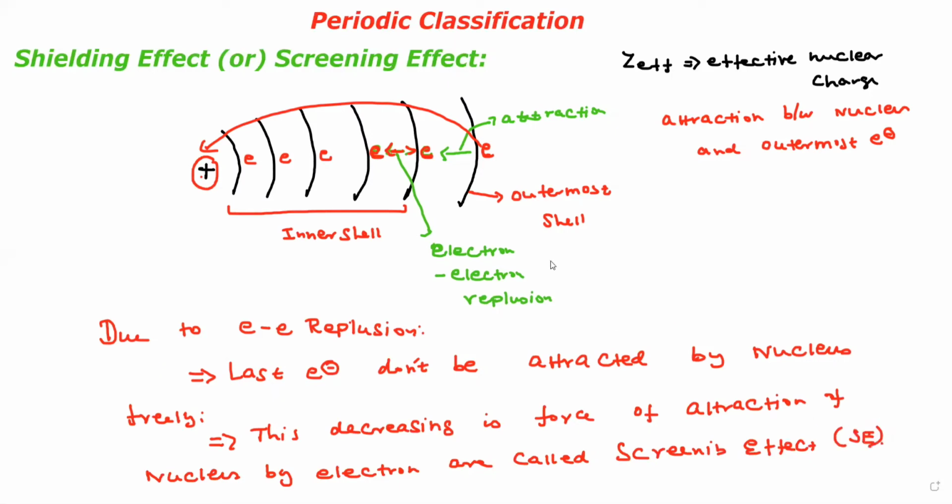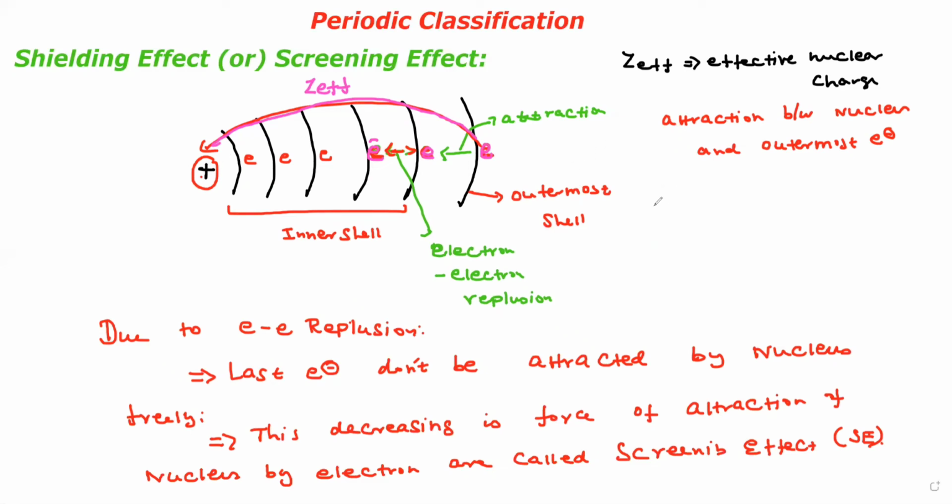Please listen, it is very simple. Initially the nucleus attracts this electron. This is the effective nuclear charge. Now effective nuclear charge decreases due to the electron repulsion, which decreases the attraction between the outermost electron and the nucleus. Now you can generate the formula.